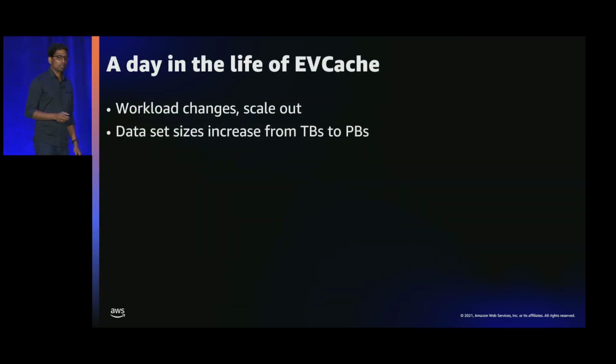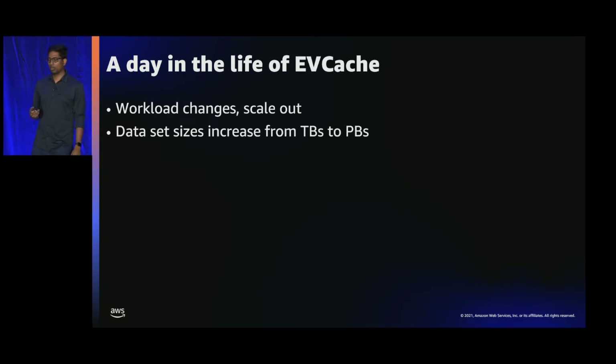Right? So what we saw just now was just one instance going down, but there are other situations that can happen, like workload changes. We have Christmas holidays right around the corner, and that's a very popular time for families to get together and start watching a nice Christmas movie, right? And we do expect on the back end that there will be a surge in traffic, and we have to make sure that our clusters are scaled well to handle that kind of incoming load.